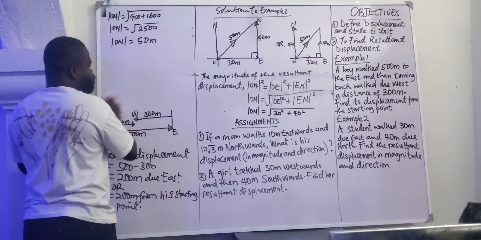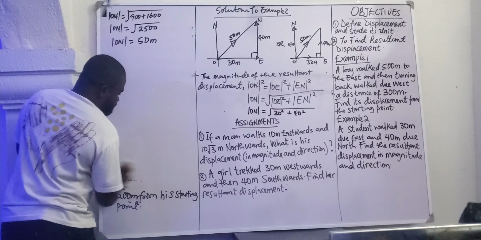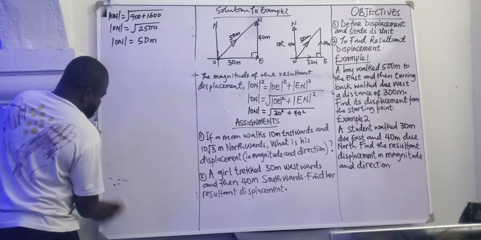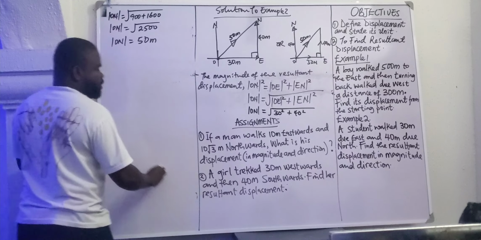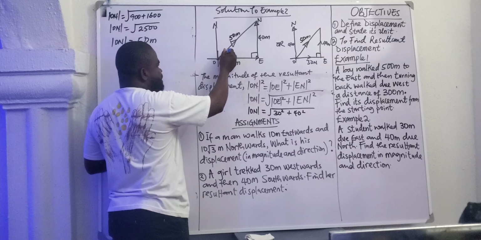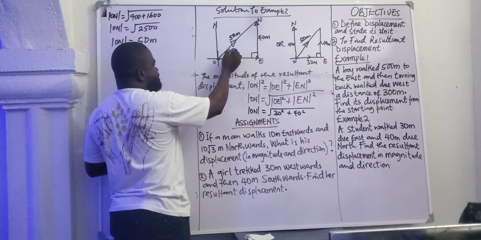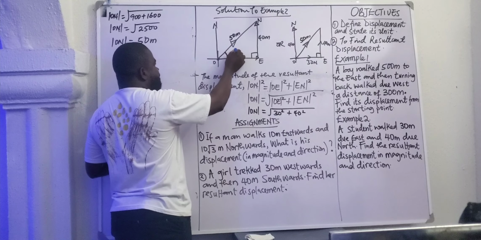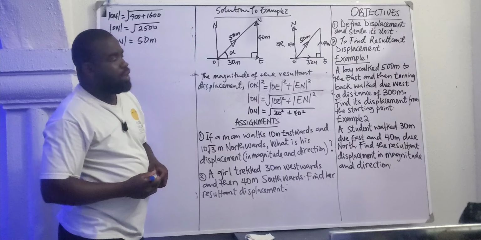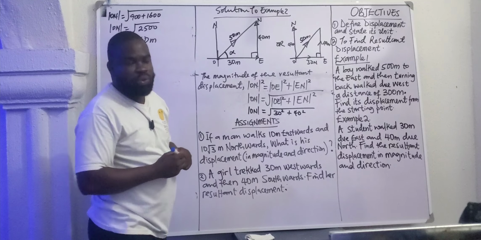Now, I have to specify the direction. For me to specify the direction, I will look for the angle. Which angle? Let this angle between this resultant displacement and the x-axis be called alpha. I have to find angle alpha. I will now use SOHCAHTOA.